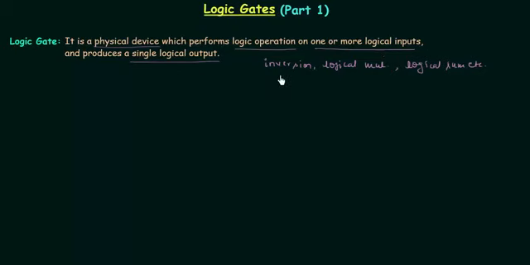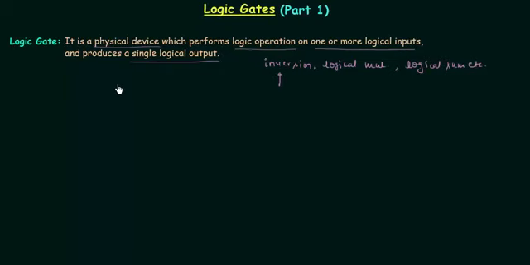For example, in inversion we have only one input, and in logical multiplication we can have two or more inputs. So in logic gates we can have one or more logical inputs and it produces a single logical output. So this is a formal definition for logic gates.